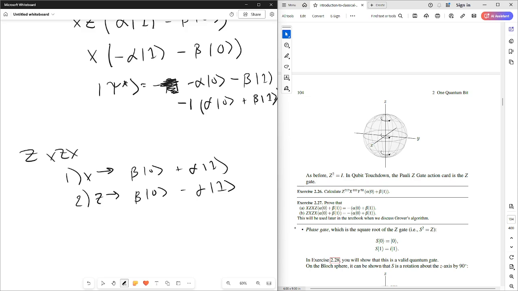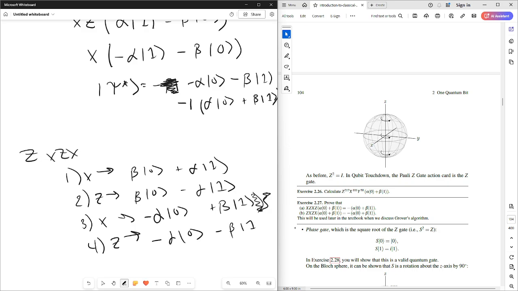The other X gate, we're just going to flip those amplitudes. So minus alpha 0 plus beta 1. And the final Z gate, 0 stays the same. Beta gets negated. And we have the exact same state that we saw before.